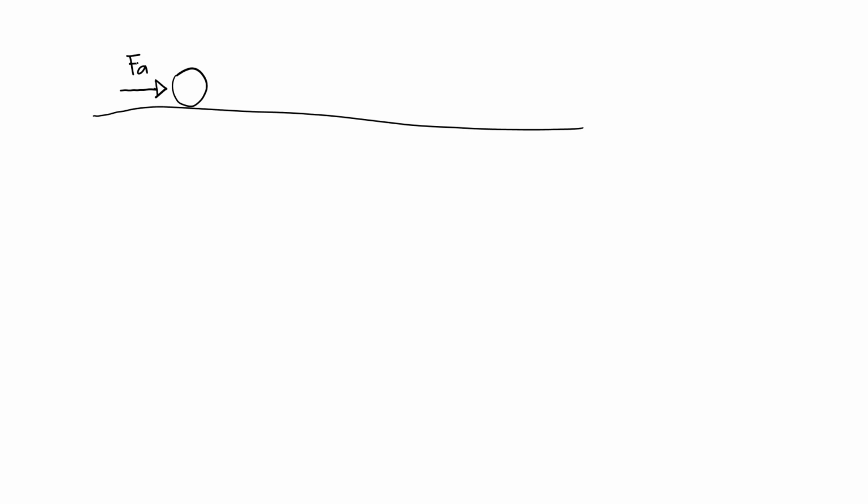So if we apply a force to the right on the ball, by the first law we can say that the ball moves at a constant velocity forever. But in real life, if you throw the ball, eventually the ball will stop, guys.